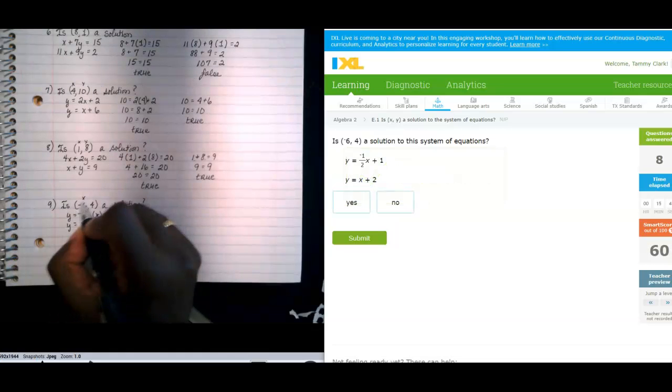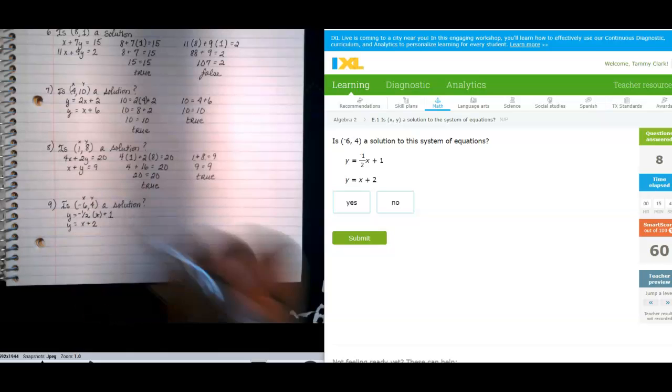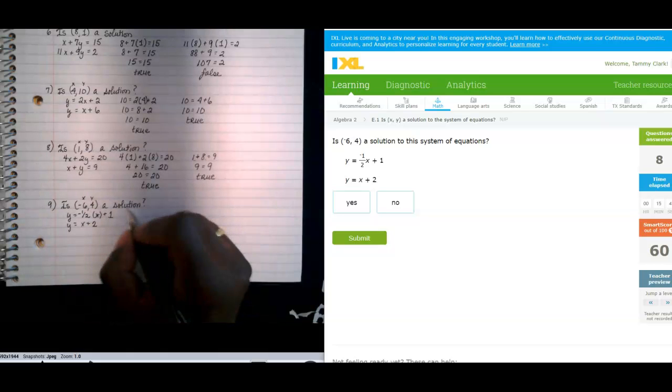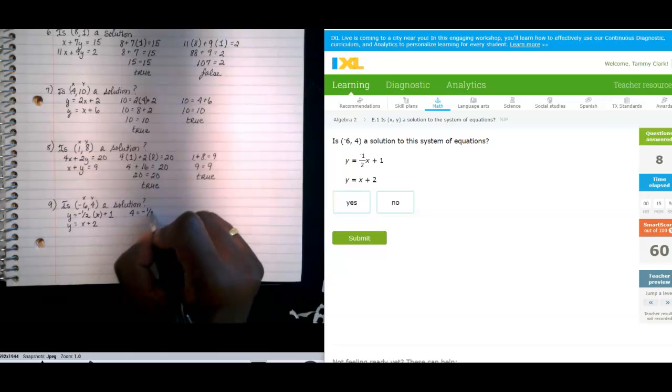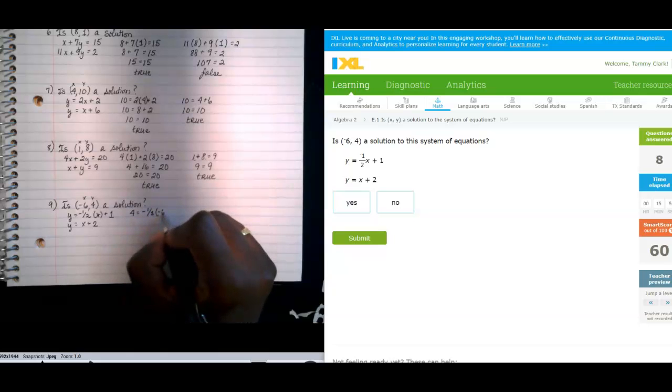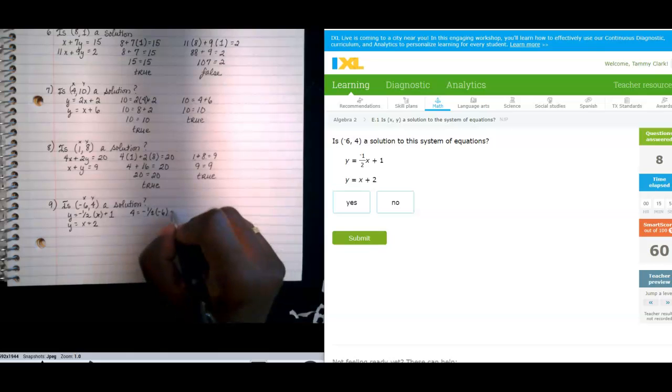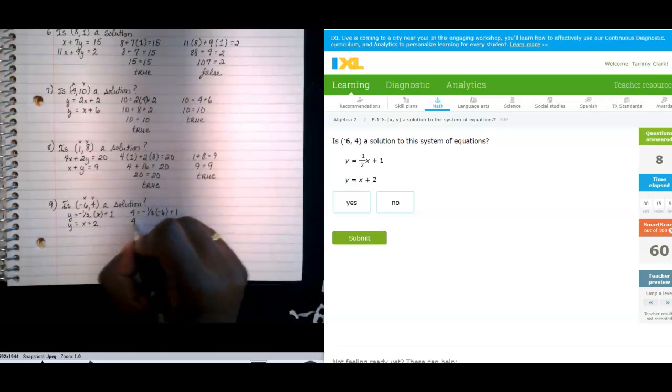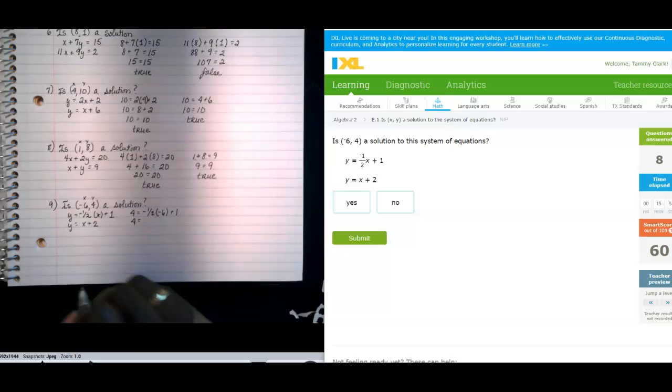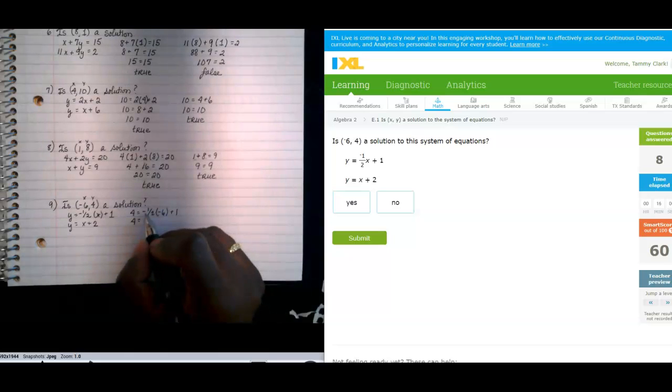Is ordered pair (-6, 4) a solution? So we've got 4 is equal to -1/2 of -6 plus 1. Just think, what is half of 6? It is 3. And because this is a negative times a negative, we know that our answer is positive.